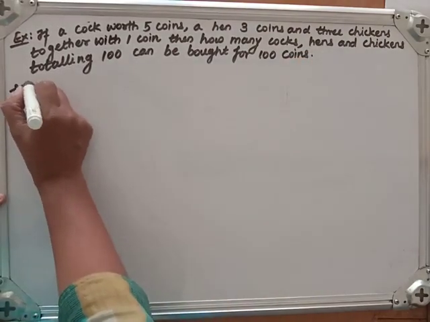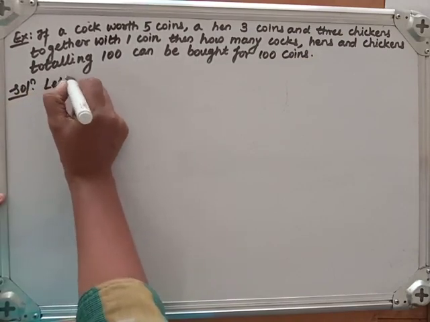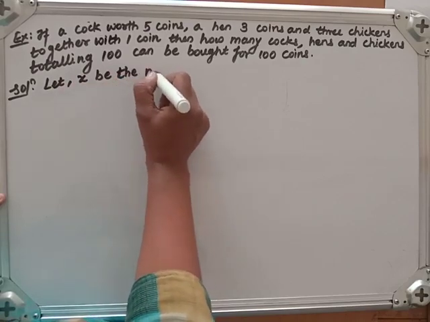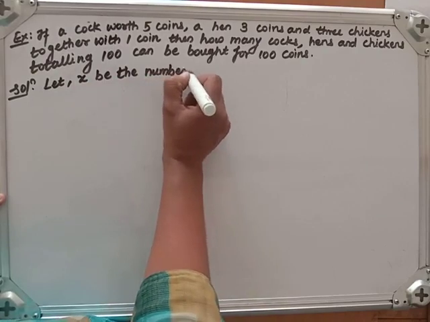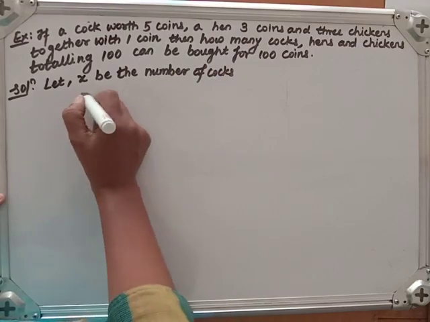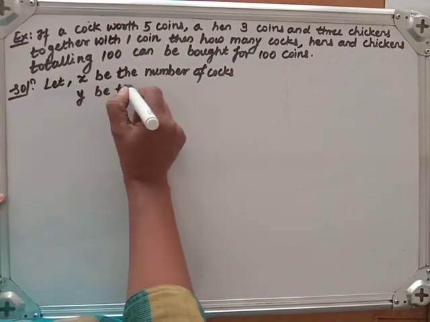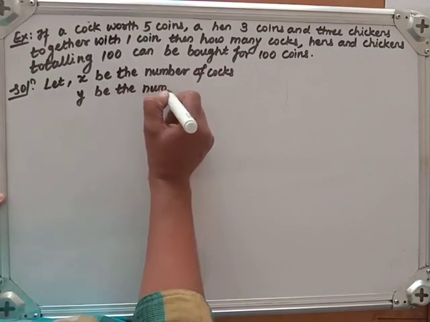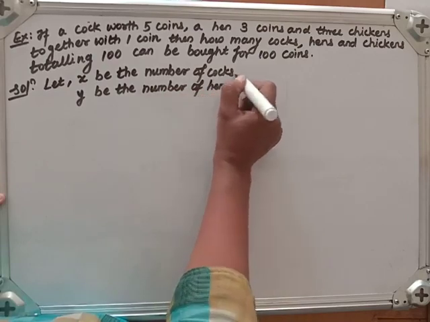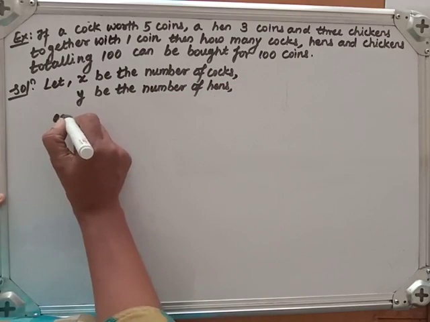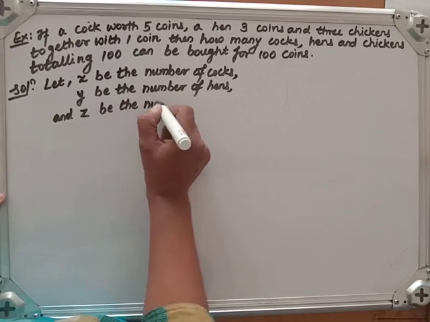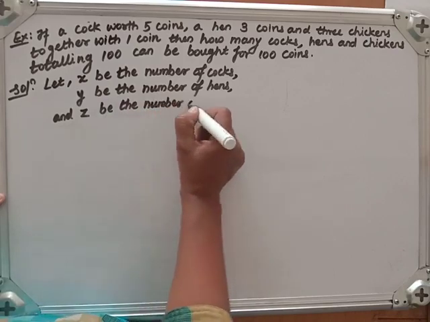Solution: let x be the number of cocks, y be the number of hens, and z be the number of chickens.